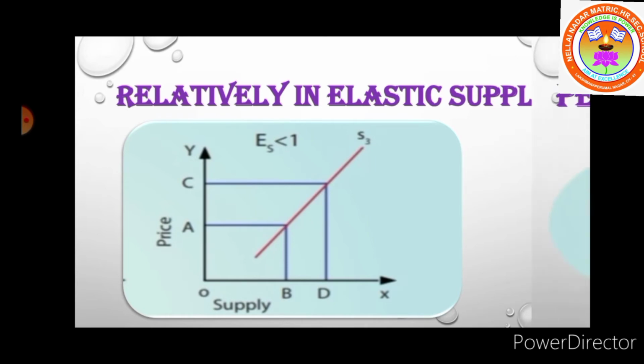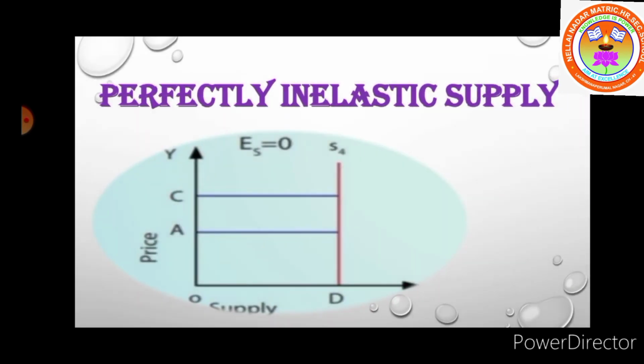Next, let us see perfectly inelastic supply. The coefficient of elasticity of supply is equal to 0. A 1% change in the price of a commodity causes no change in the quantity supplied of the commodity. So the curve is a vertical curve, the perfectly inelastic curve.